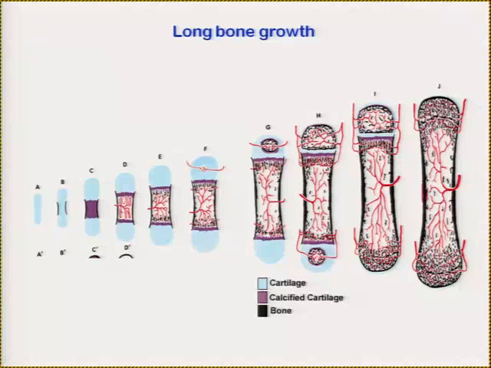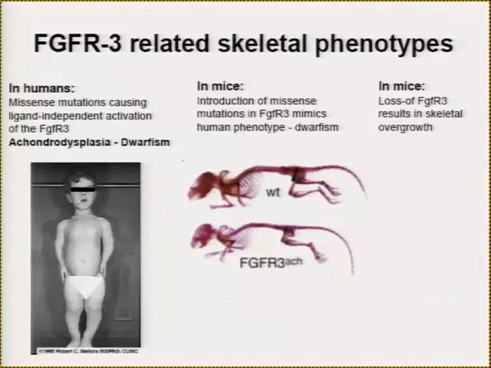So what happens when something goes wrong with that? And we're going to talk about that in terms of pseudohypoparathyroidism. But the most obvious and the most common form of dwarfism that we see on TV, if you watch Chewy on Chelsea lately, I don't know if people do that. I do. But the most common form of dwarfism is achondroplasia.